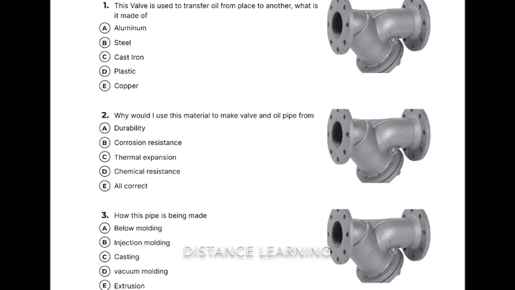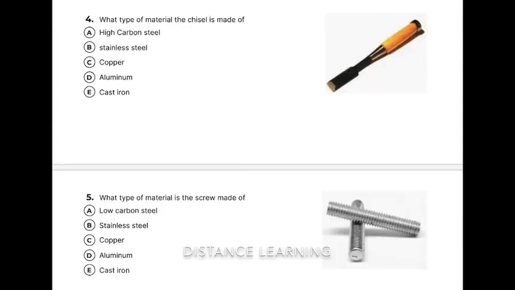Okay. The second question stated: why would you use cast iron as a material? As I mentioned earlier, the durability of the material is very important, plus its ability to resist corrosion, so the material could stand all the environmental problems for a long time.